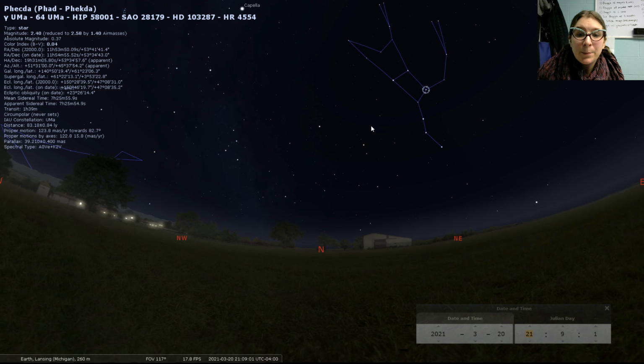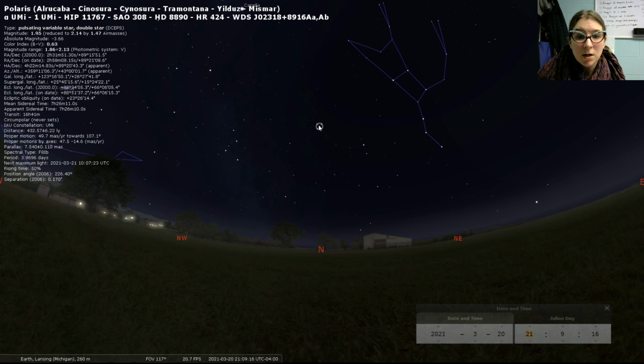So the Big Dipper is a part of the constellations that are considered circumpolar for our location. That means they're up every night of the year because they are close to our North Star. So the outer 2 stars here of our Big Dipper, we follow them, we find the North Star here, and it's the end of the handle of the Little Dipper right there.